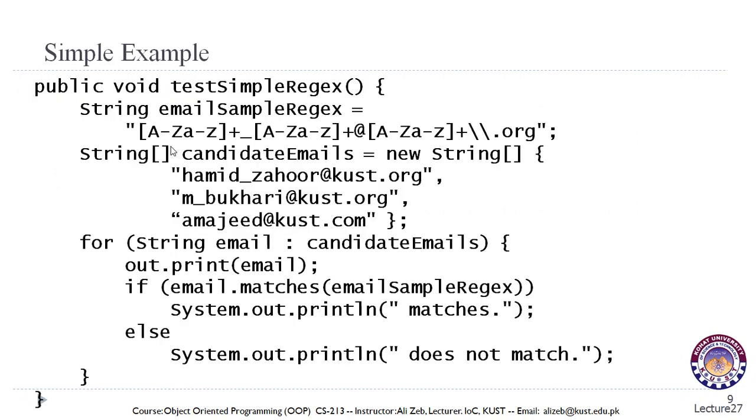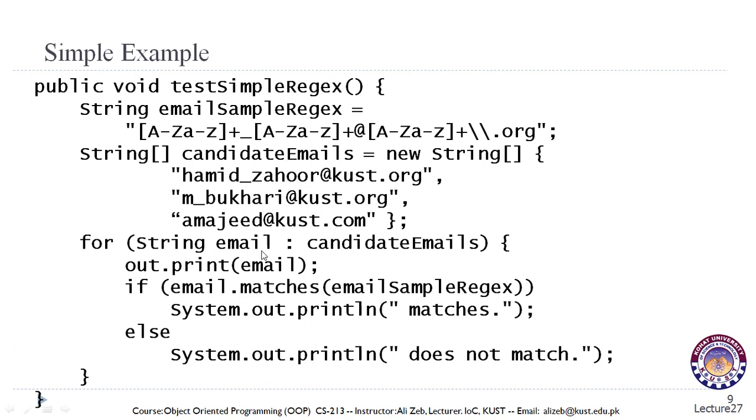This can be read as an example application of the situation that we are trying to validate. We are trying to validate an email address, and in this case we have a regular expression. Then we have a set of email addresses that we want to validate according to this expression.